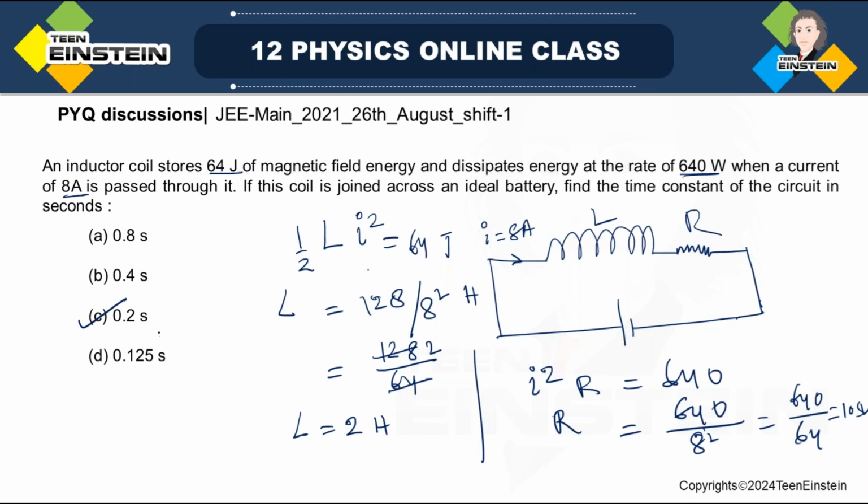So this is really a very interesting problem, and you know this information, but you might be in confusion how to find out what is the time constant. So in that case, you have to remember what is time constant. Tau is equal to L by R. That expression you have to remember, and then you have to intuitively understand that this energy which is dissipated through the coil is actually dissipated through the resistor.